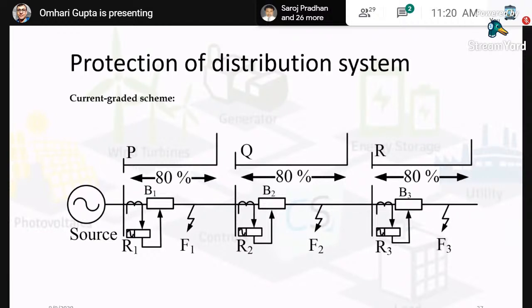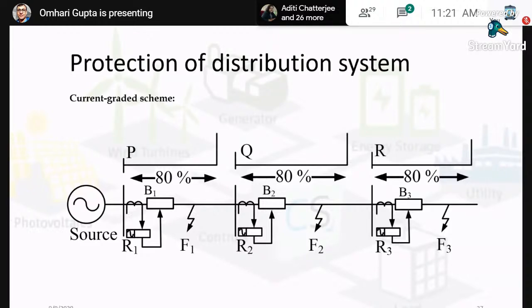Because there should not be any overreach condition. If there is a fault close to this bus, this relay may not judge where the fault has actually occurred, because the magnitude of the current, whether the fault is before the bus or after the bus, will not be quite different.